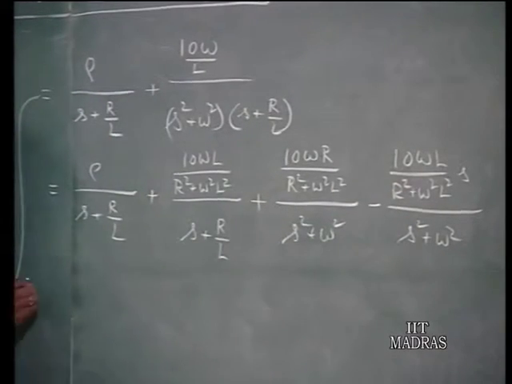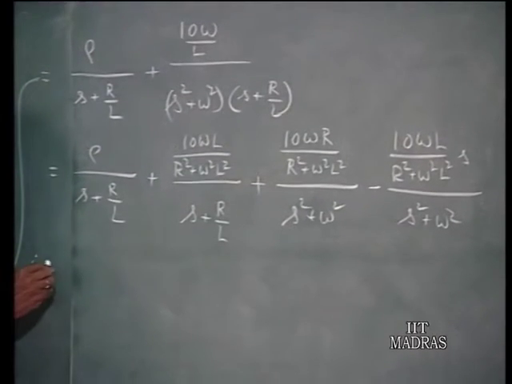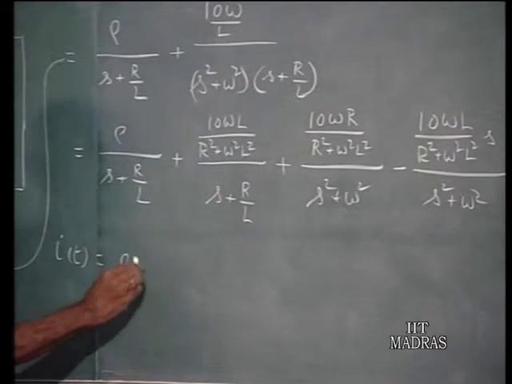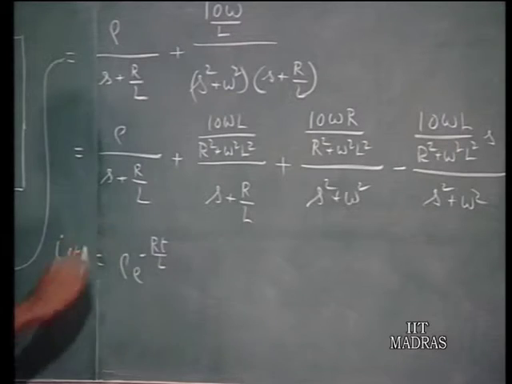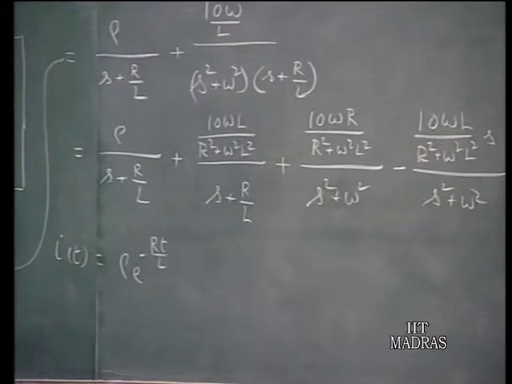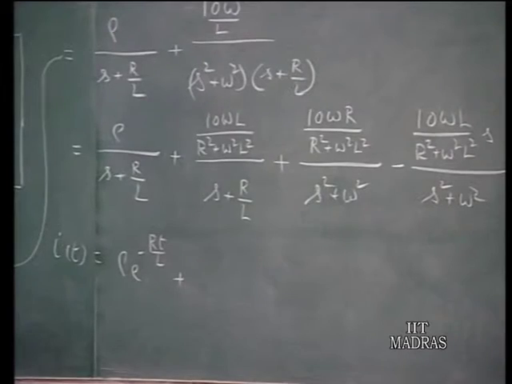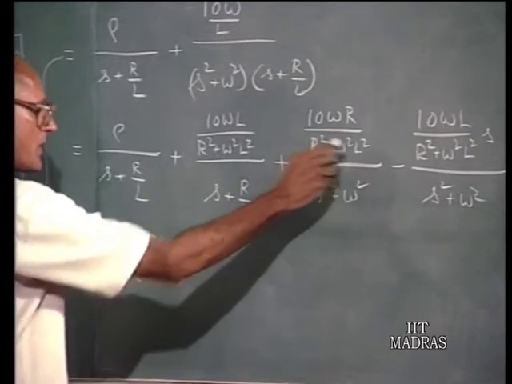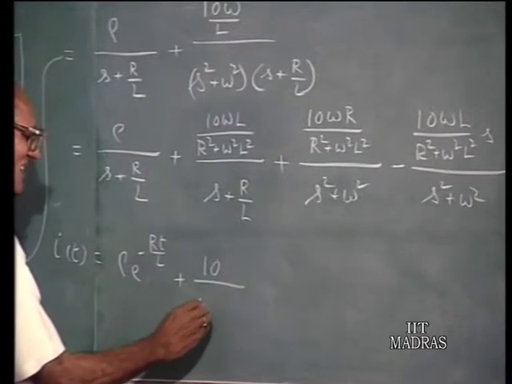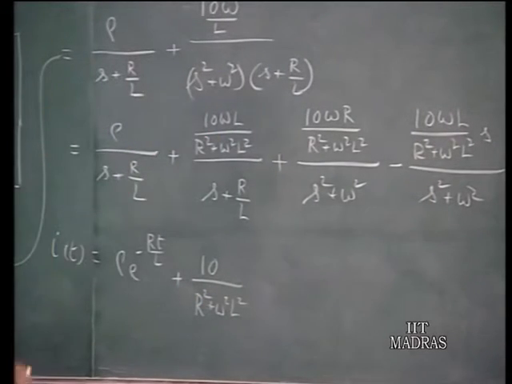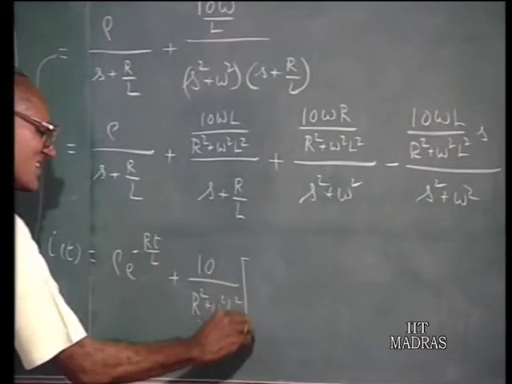So, i(t), for the first term, is rho e to the power of minus Rt over L, that is the Laplace transform of this. As far as this is concerned, you have 10 by R squared plus omega squared L squared, that is a common factor right through, so I will keep that separately.